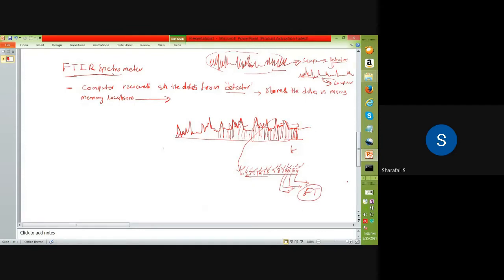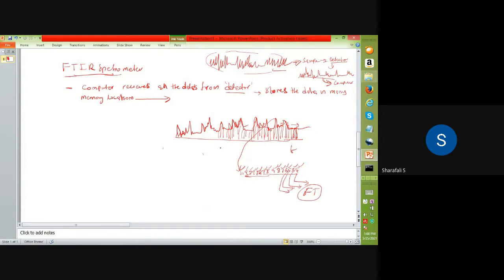If the detector is detecting the current at 2000 time points, if you are dividing the signal into 2000 times, then the system also requires some 2000 memory locations to store all these data, which will be in the time domain.